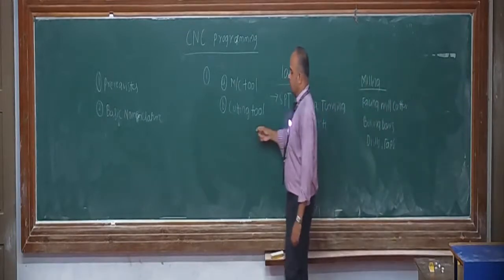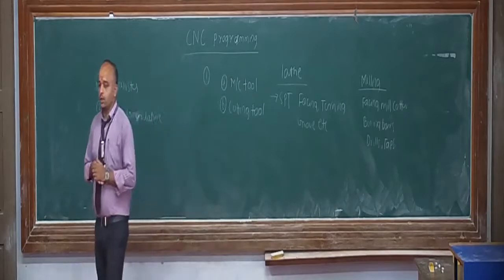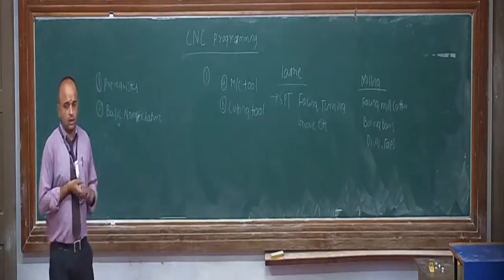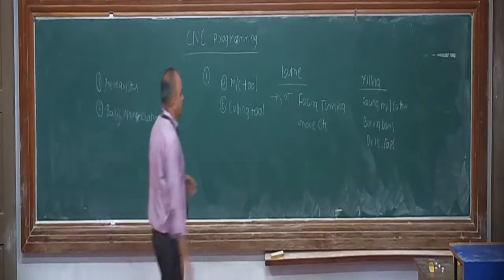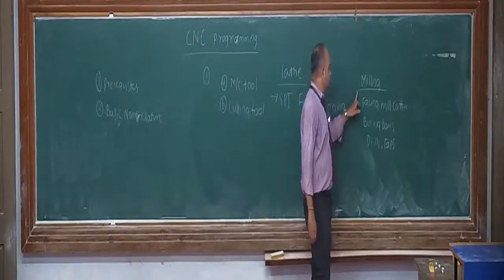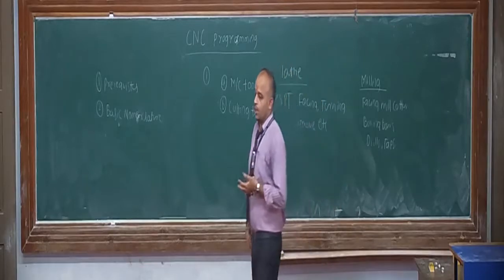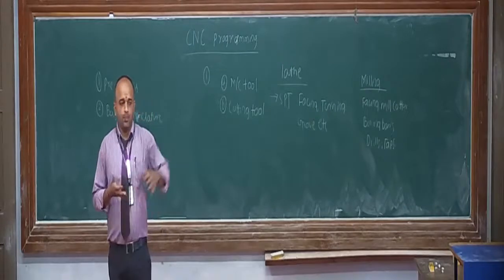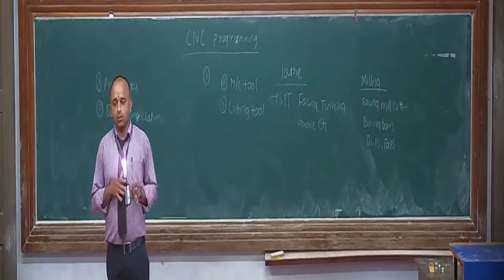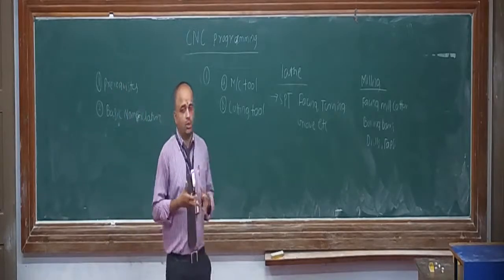But in case of milling machines, there is something called the ATC, that is the automatic tool changer. ATC is also present on lathe machines, but its capacity is around 12. In milling machines, the ATC capacity can go up to the standard sizes of 30, 45, 60, 90, and sometimes even up to 120. But if the ATC capacity is very large, a separate motor will be utilized for this, and the weight of the machine also increases.